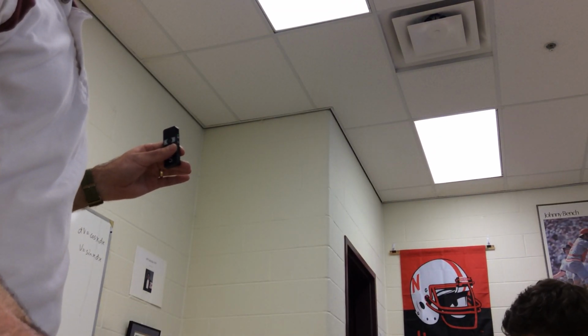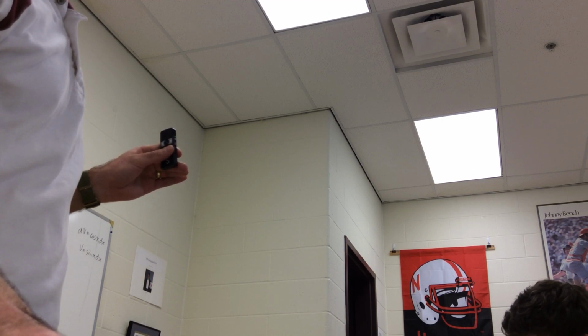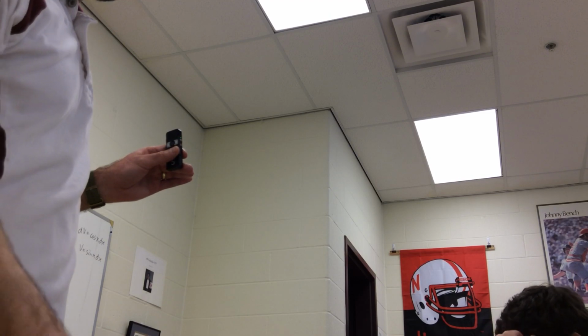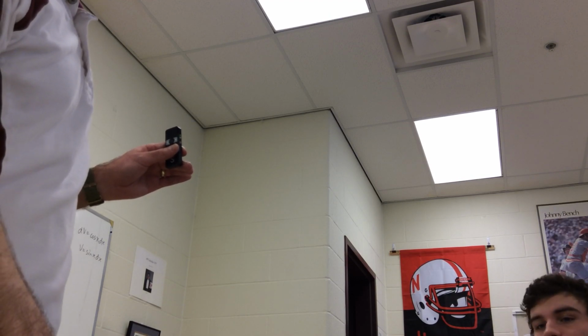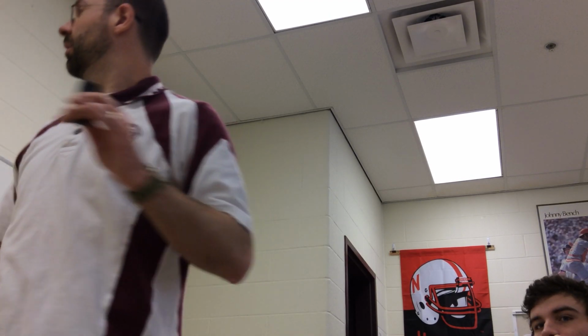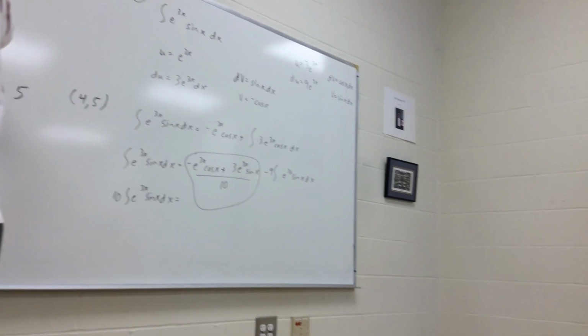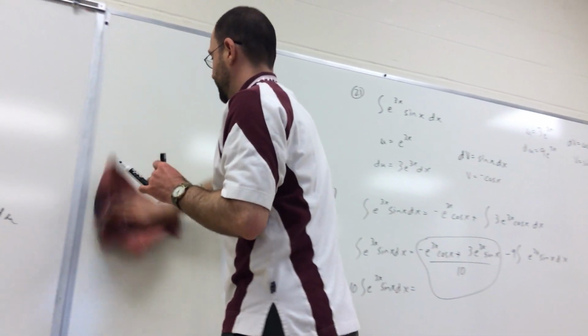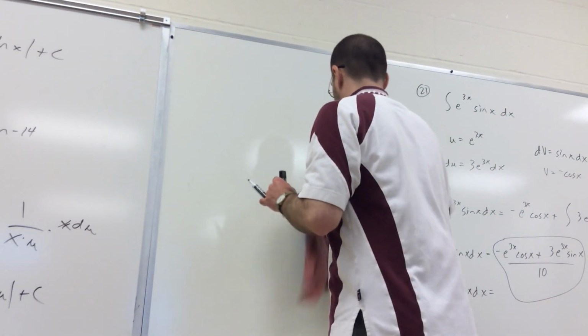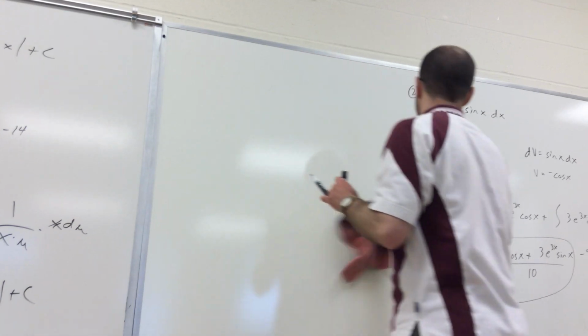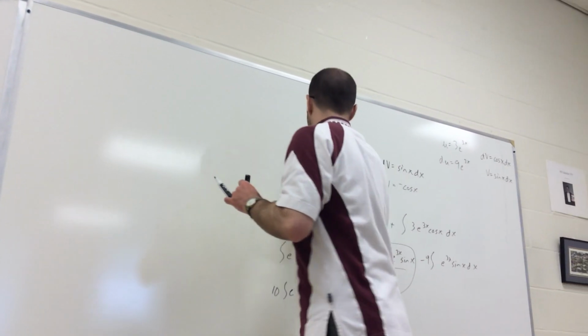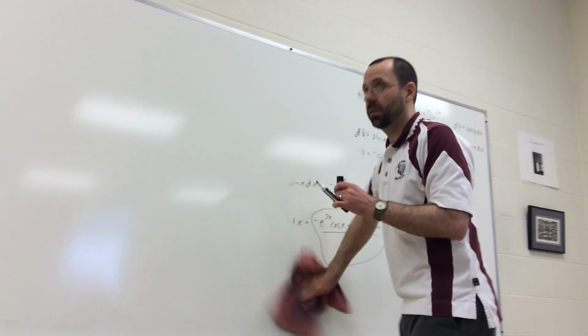I already got the problem, I just don't really know how to do this slope field for number 25. Sure. If someone else asks about it, sure, but I want to answer your specific question first. So this is 25, the slope field.